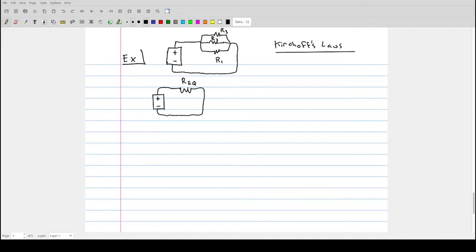Now, for resistors in series, or one after another, the equivalent resistance is just the addition of each resistance.